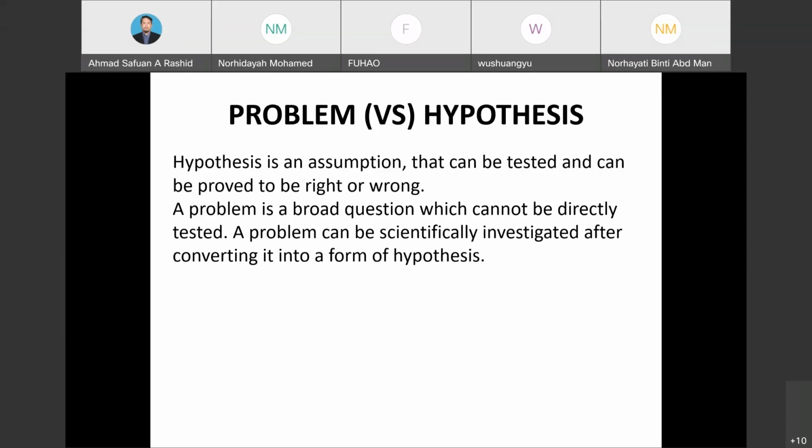Okay. So it means that the problem is very general. And to solve the problem, we need to come up with a hypothesis and test the hypothesis, to get the answer for the problems.